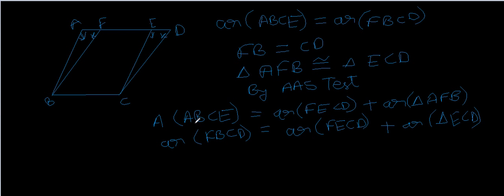Now here in both these equations you see this term, the first term is equal, area of quadrilateral FECD. And now that we have both these triangles to be congruent, triangle AFB is congruent to triangle ECD, and we know that congruent figures have same areas. So area of triangle AFB is equal to area of triangle ECD. So if these two are equal, then these two equations are also equal.